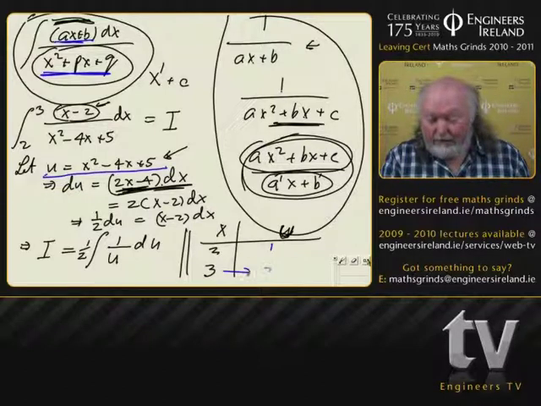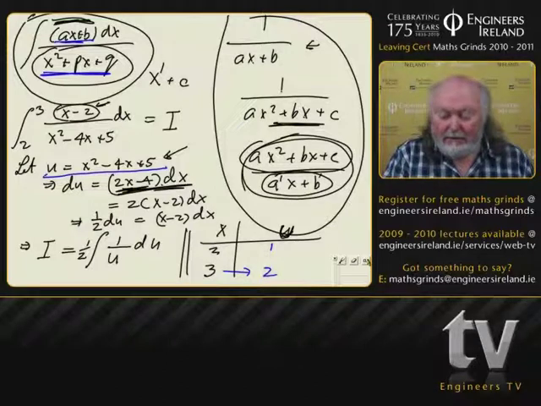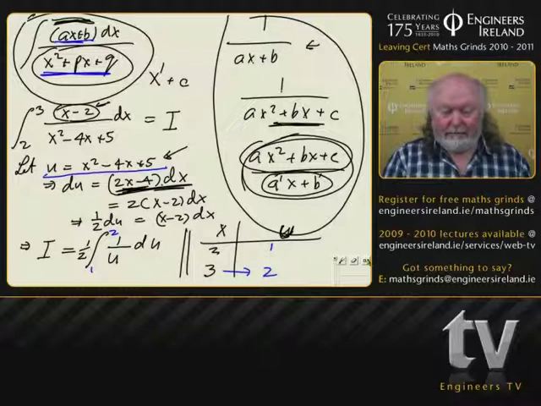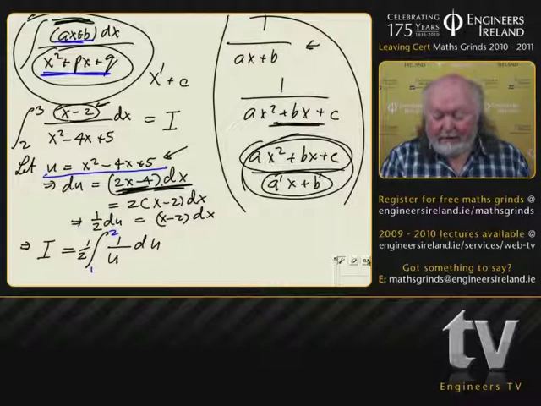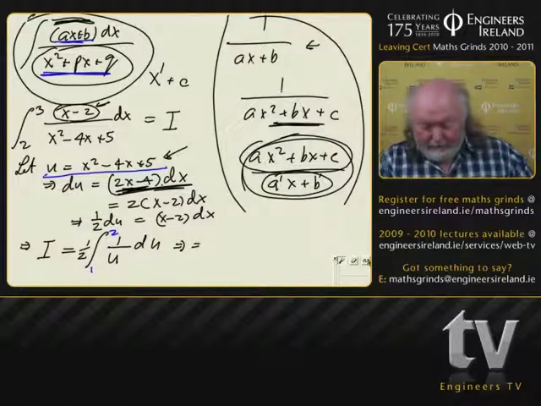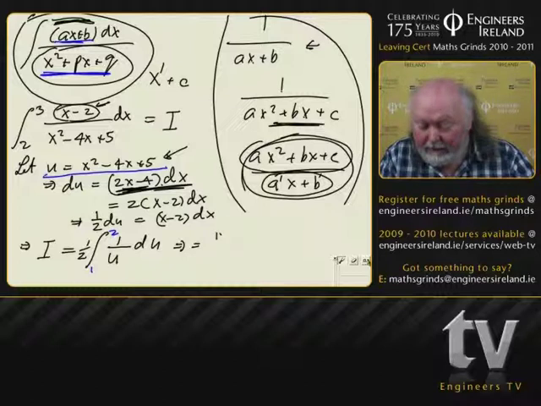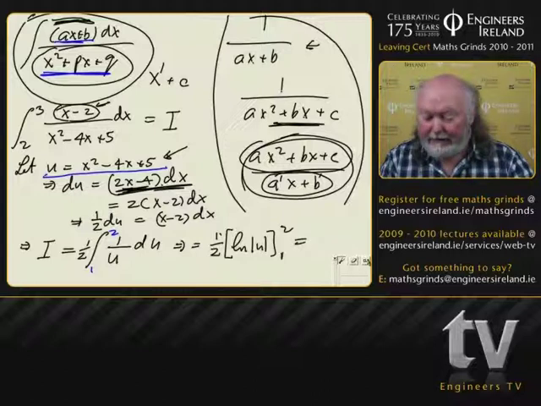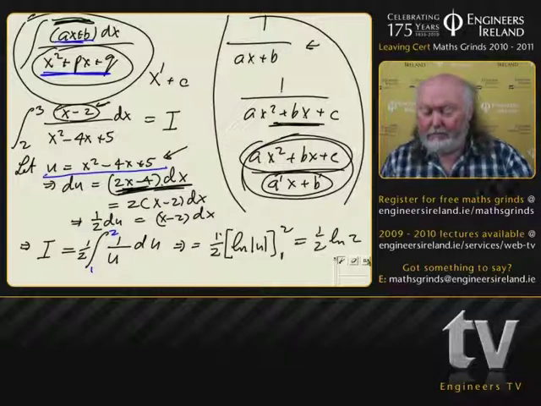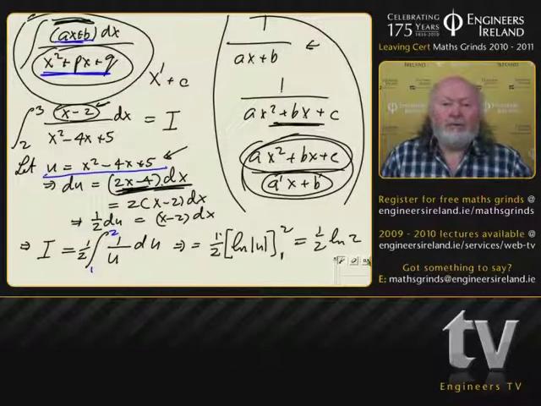And when x is 3, we'll find 2. So our limits now are 1 to 2. I'll just remove this little bit of stuff over here to make room for myself. So that implies it's equal to a half outside of log of u from 1 to 2, and when I put in the limits I'll get a half log 2, because the log of 1 is 0.